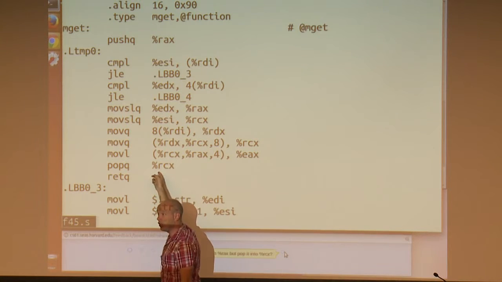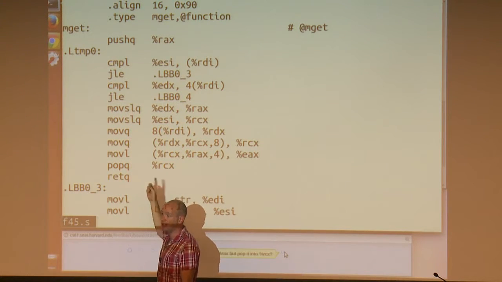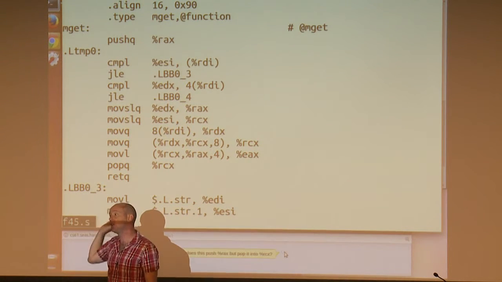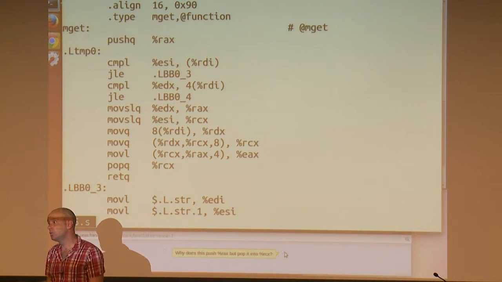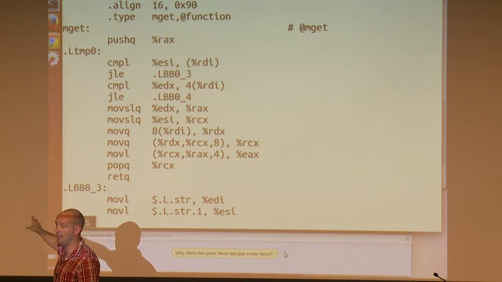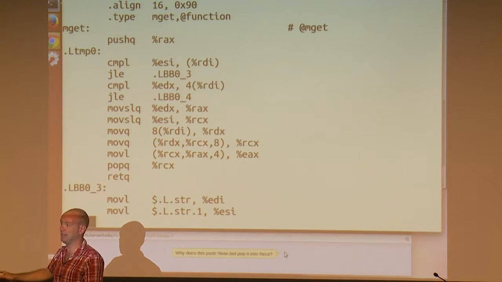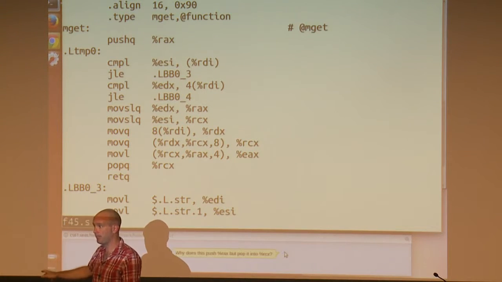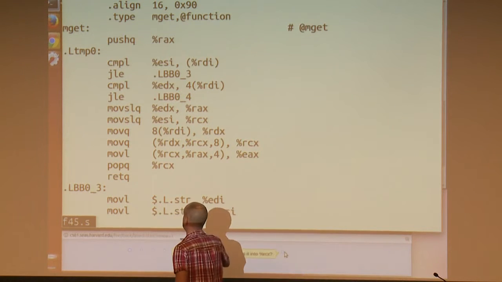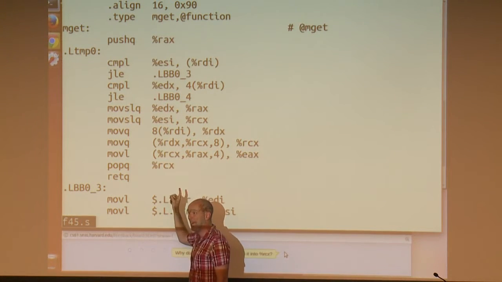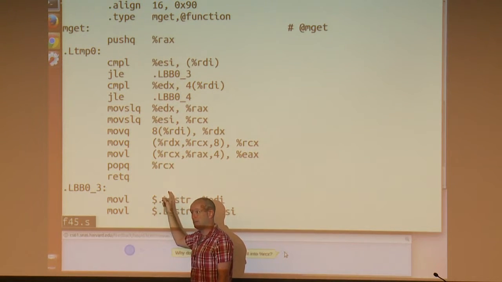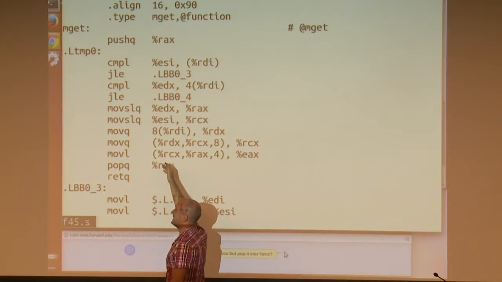The value that's in RCX is garbage. RCX is a caller-saved register, which means that this function mget has no responsibility for what's in it when the function returns.